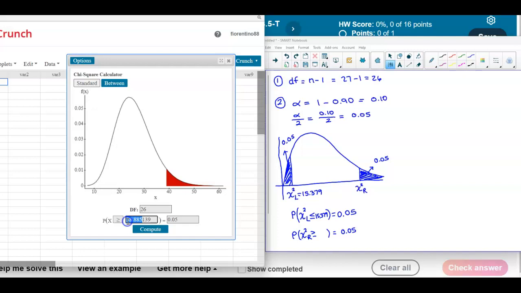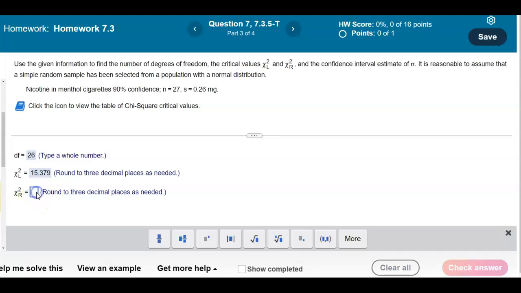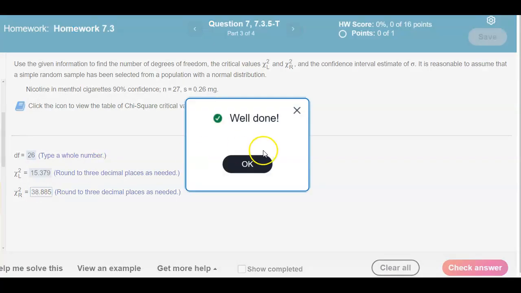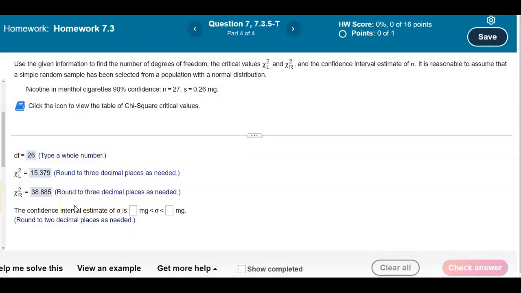Rounding that to 3 decimal places, we see that our critical value is going to be 38.885. So that's equal to 38.885. Let's go ahead and put that in there. So we get 38.885, and there is our critical value on the right.